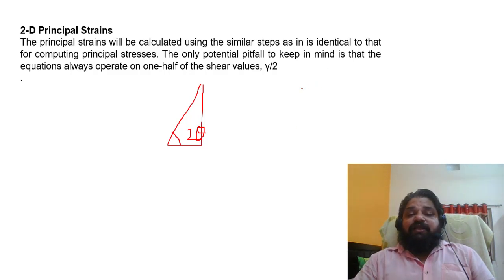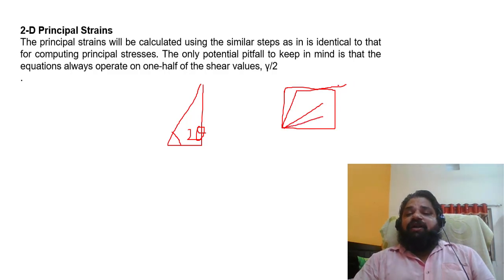Shear strain talks about the perpendicularity mismatch, and during the calculation of epsilon x and epsilon y, in one of my lectures I have already discussed this. You remember, this is alpha and beta we are talking about.